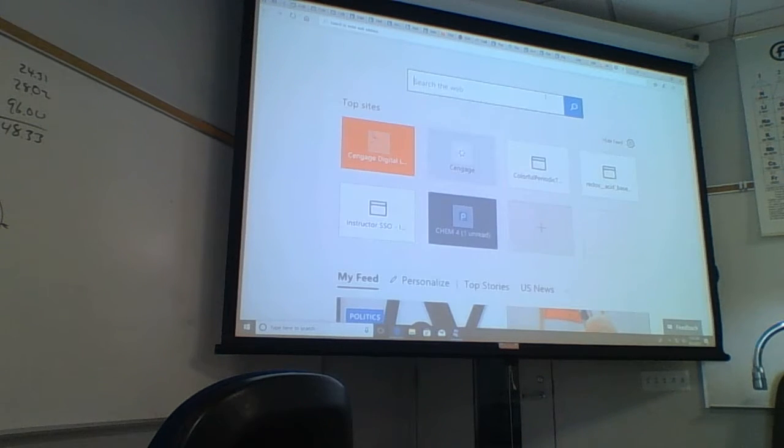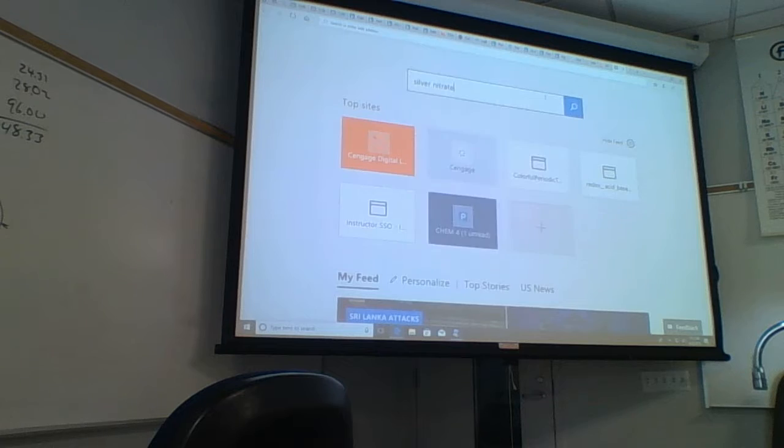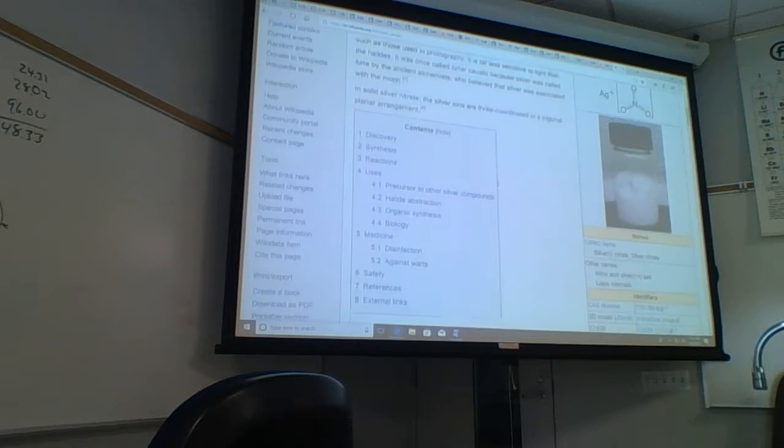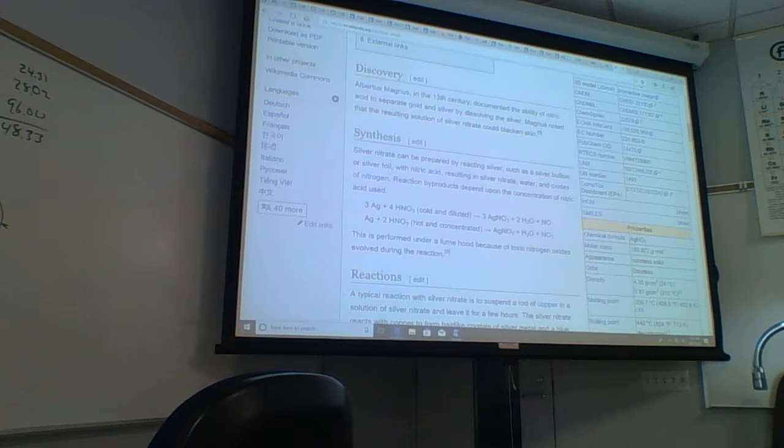If you feel comfortable with calculating these molar masses, one thing that can help speed things along is to look it up. If you need more practice, then get more practice. The molar mass of silver nitrate is 169.87.